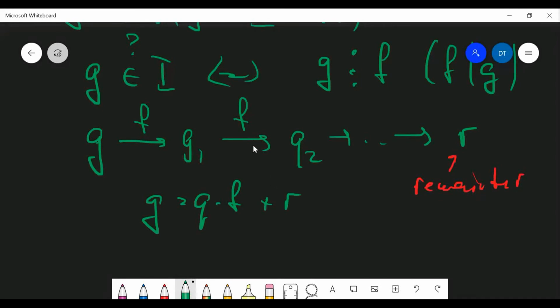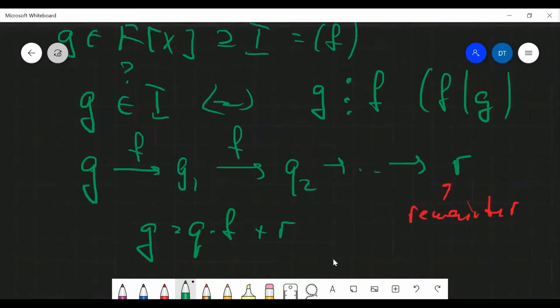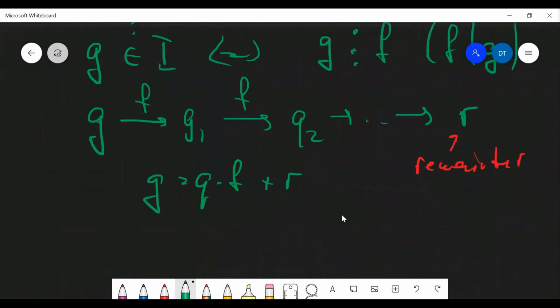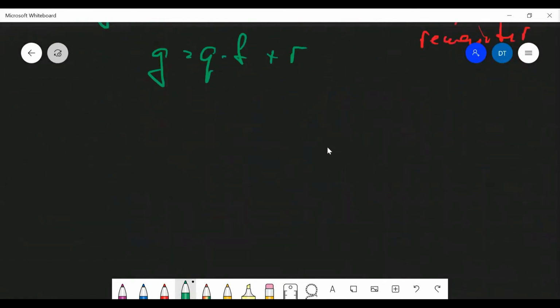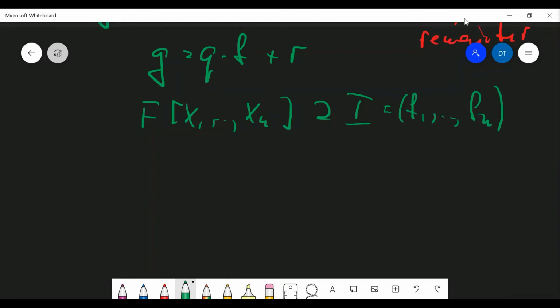So this is what happens in the case of a polynomial in one variable. Now we want to extend this procedure to the case of polynomials in several variables. So we have this polynomial ring in several variables. And if we take an ideal here, it's not true that an arbitrary ideal is generated by one polynomial, but it can be generated by several polynomials in the following sense.